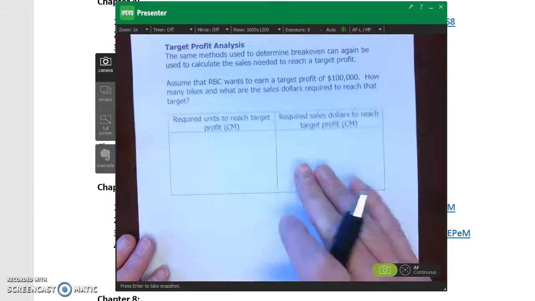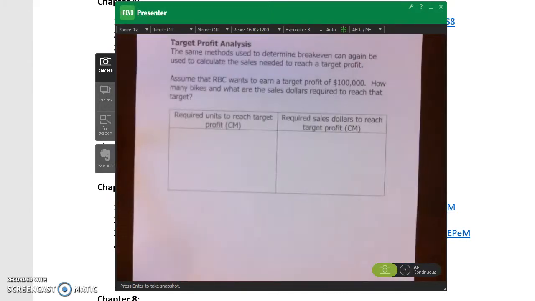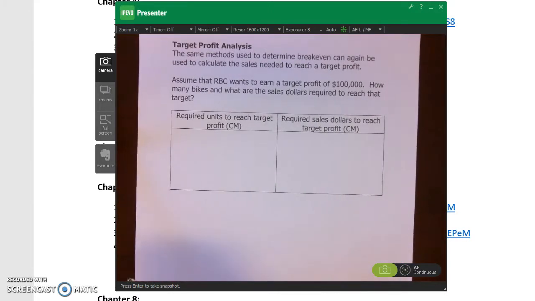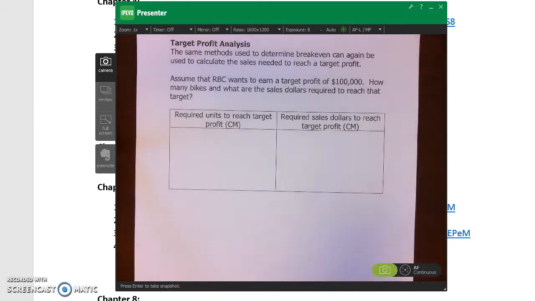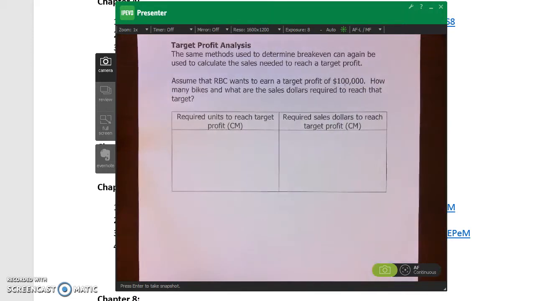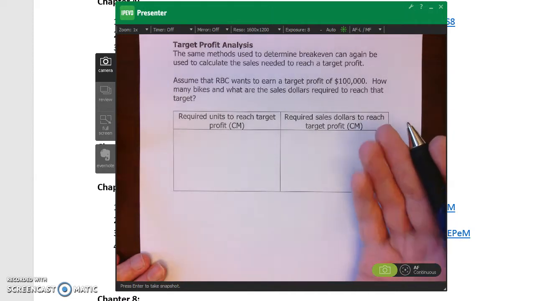The target profit applies the exact same formula. So it's fixed expenses plus profits divided by the CM per unit, or fixed expenses plus profits divided by the CM ratio to get the target profit dollars. Now, let's assume that we want to make $100,000. In that case, the profits are not zero; it's $100,000.